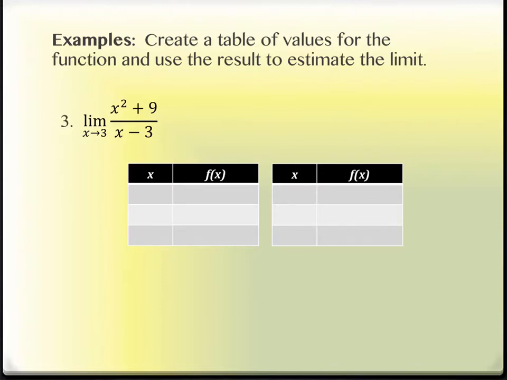So you're still going to have the same 3.1, 3.01, and 3.001, the 2.9, the 2.99, and the 2.999. They should still be stored in your table, and you should be getting values that look quite different.